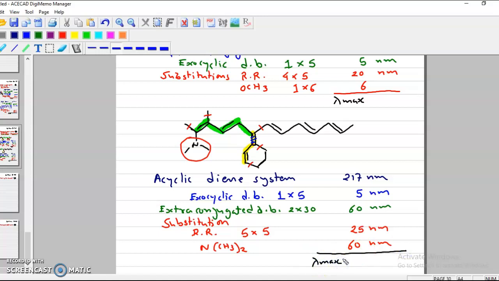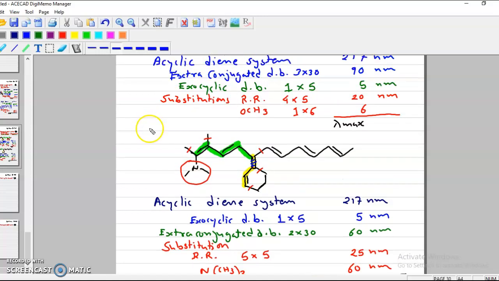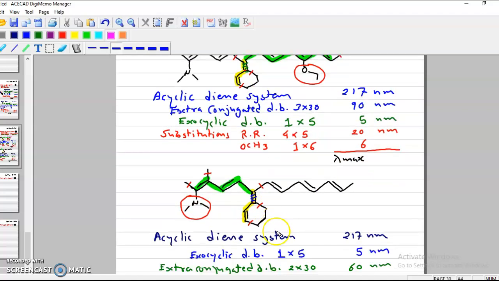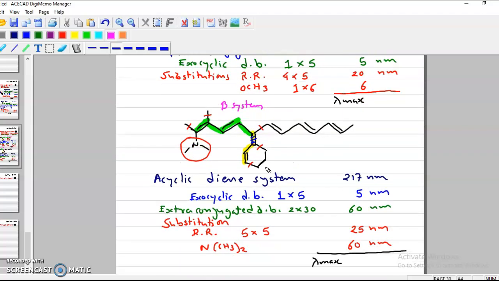Okay, so here we have two systems. The first one we consider as A system, where we are extending this double bond on the right hand side, and we have to find out lambda maxima for this one. The second system is this one, which is B system. For this also we'll have to find out lambda maxima, and then we make a total of this one.